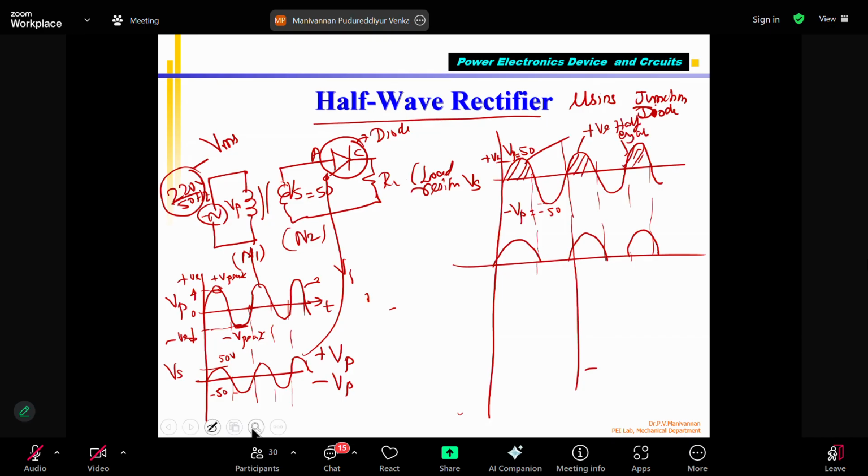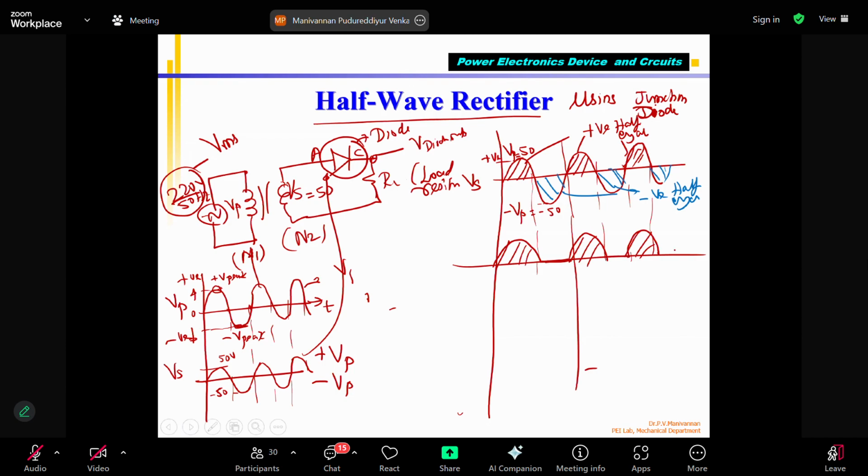The bottom one is called the negative half cycle. Please note that when this voltage is given to the diode, the output will be only positive half cycles. Please see that during the negative half cycle, the diode output, this is the output. Correct? We say the V diode output is only the positive cycle. So you can see the negative cycle is not appearing.